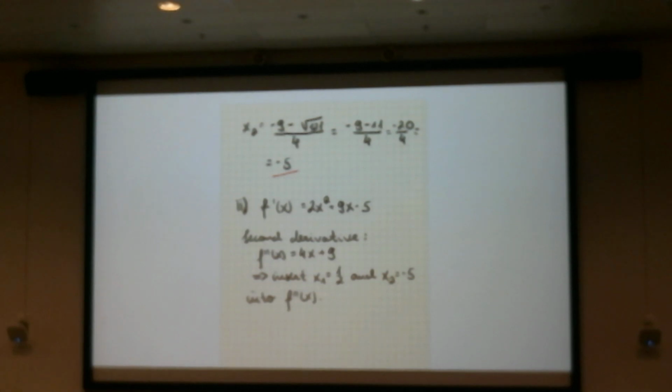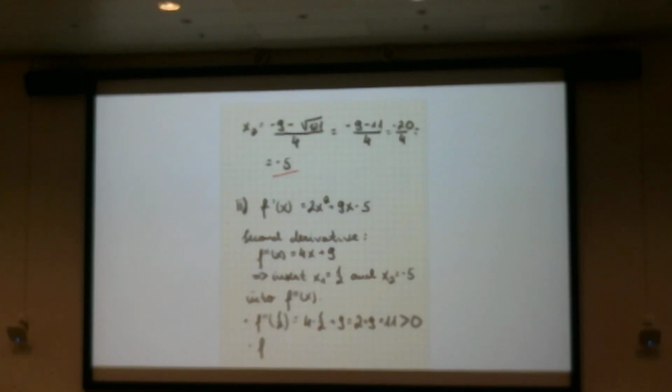We take the second derivative and evaluate it at 1/2, which is 4 times 1/2 plus 9, which is 2 plus 9 equals 11, and that's clearly positive.